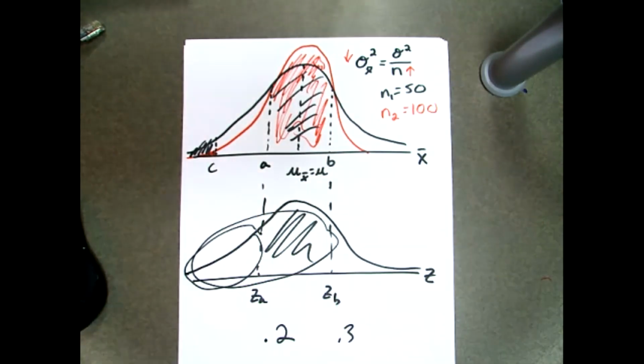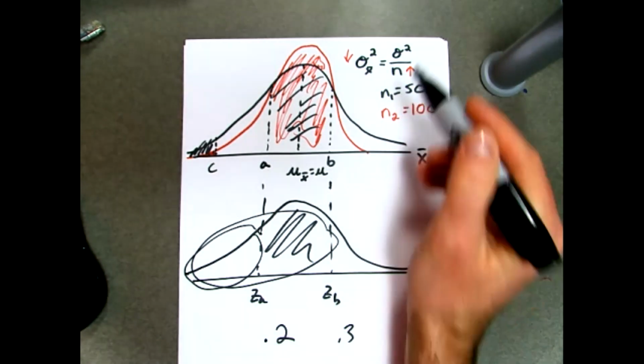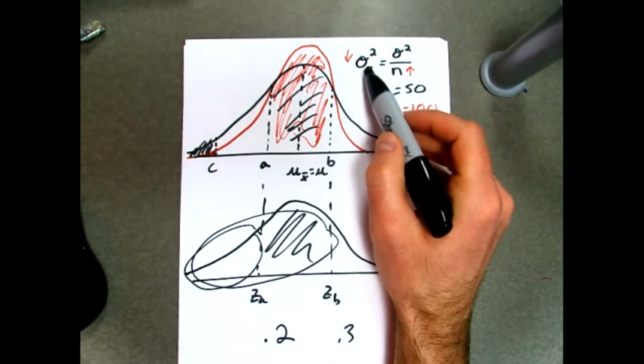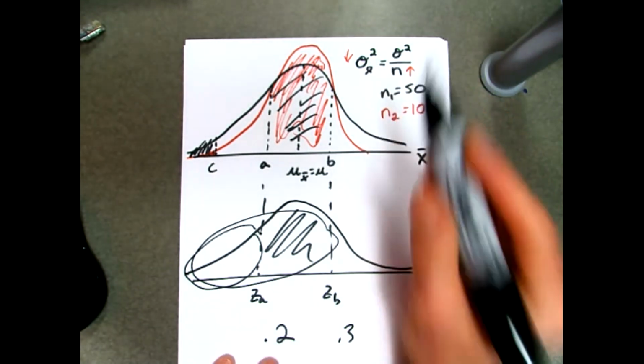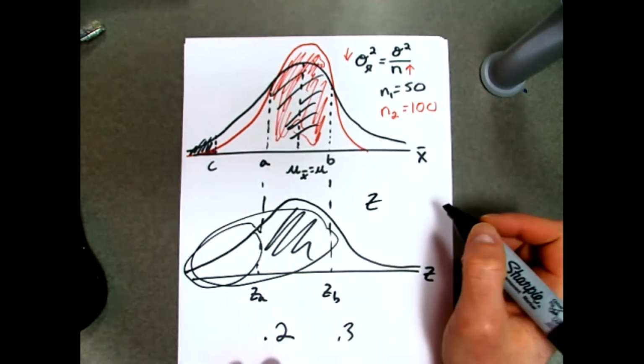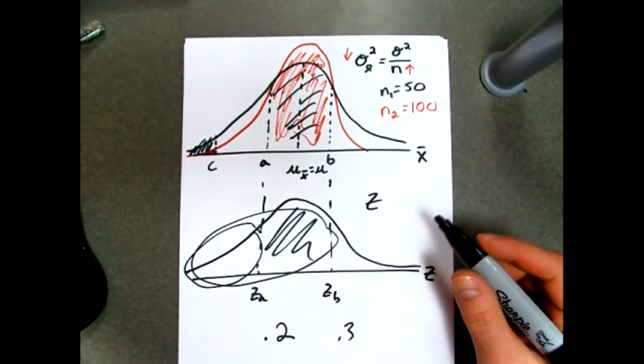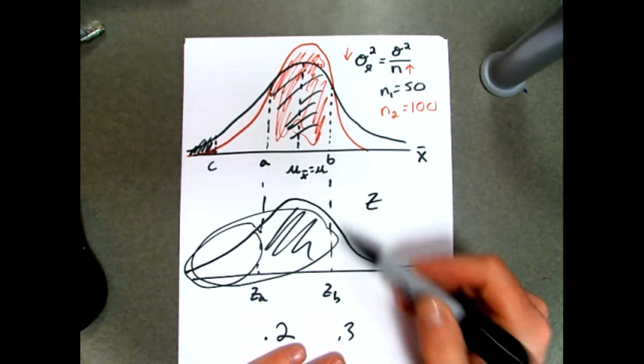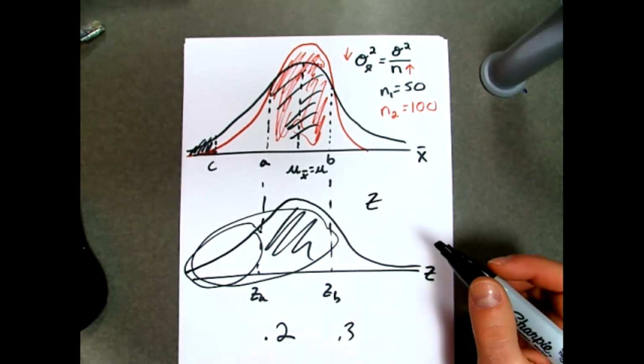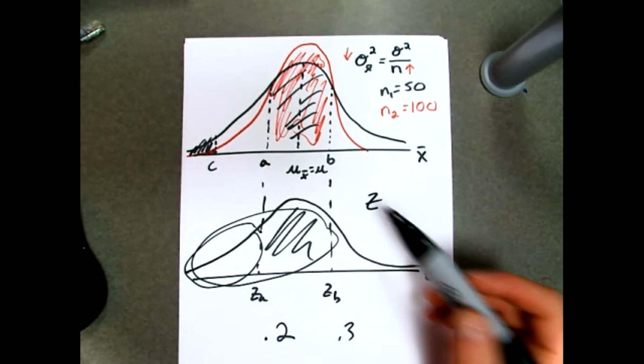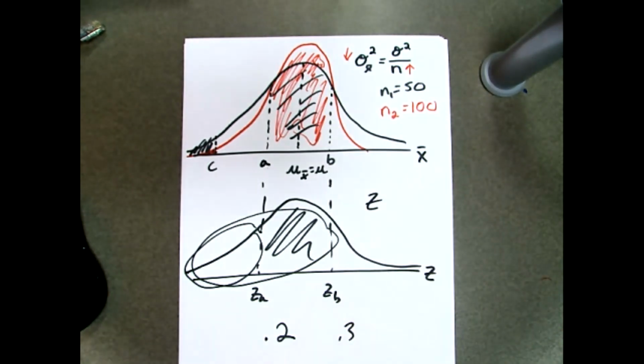These z values will get a little bit larger. So a higher sample size not only influences the variance of my sample means, but because a z-score is how many standard deviations away I am, it also changes the z-scores I come up with. If the standard deviation is smaller, the same value is more standard deviations away from the mean.